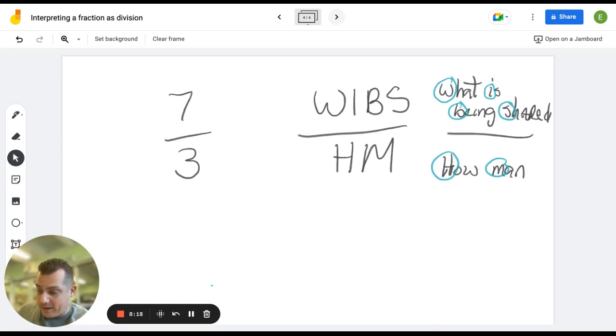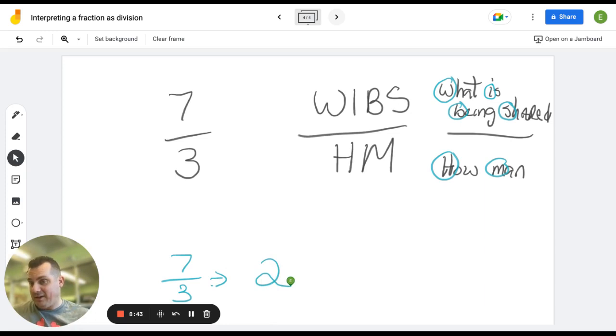Doing this the short way now, I know I have thirds. How many 3s can go into 7 without going over? How many full 3s? 3, 6, 9. Oop, 9 is too much. 3, 6. So 3 goes into 7 2 times.